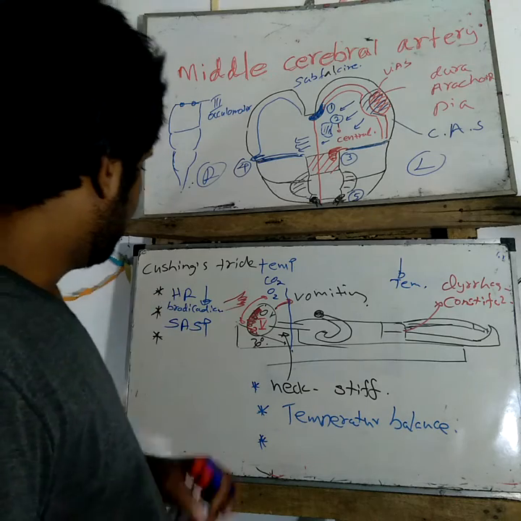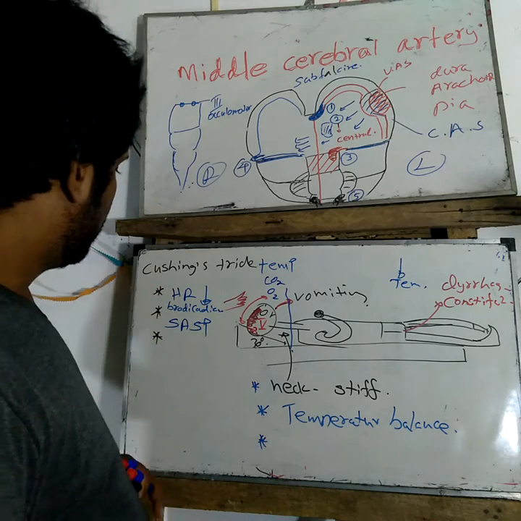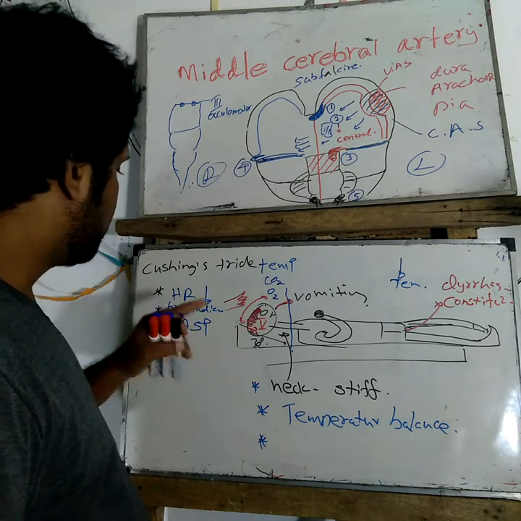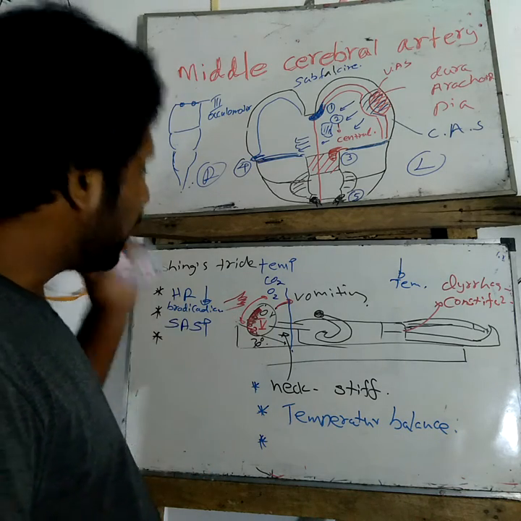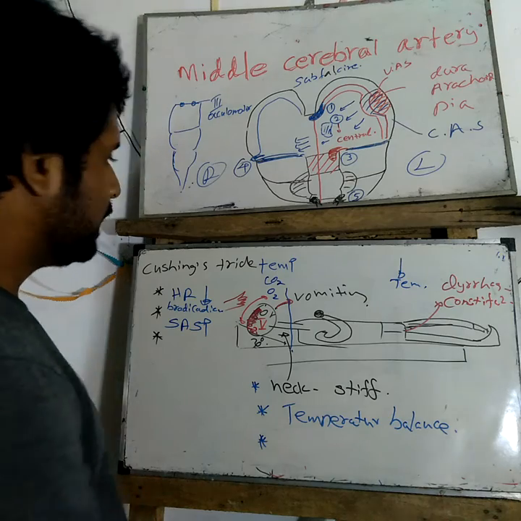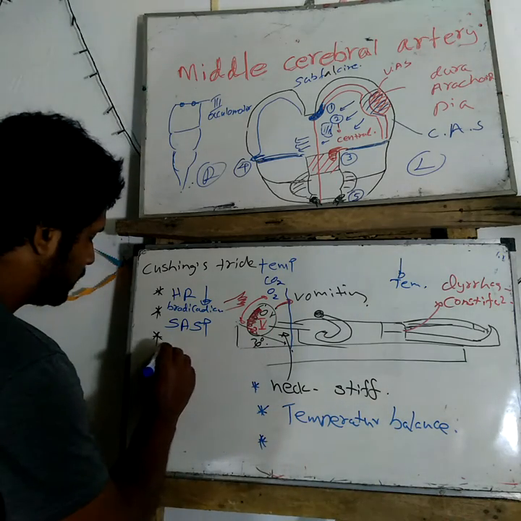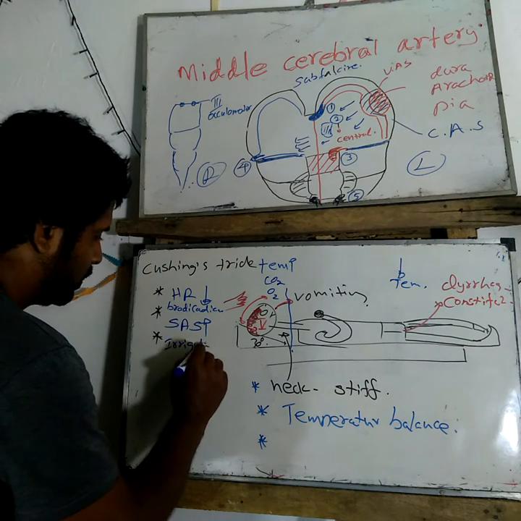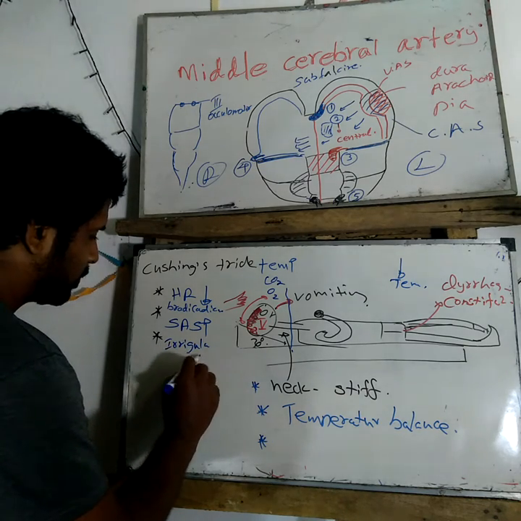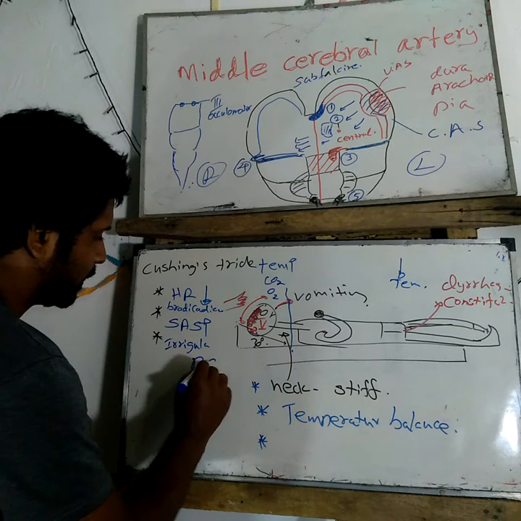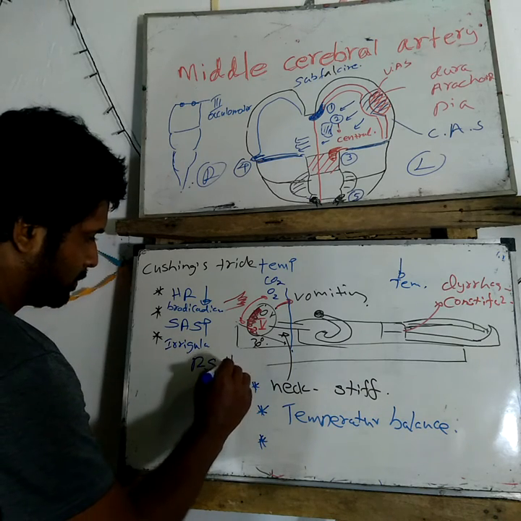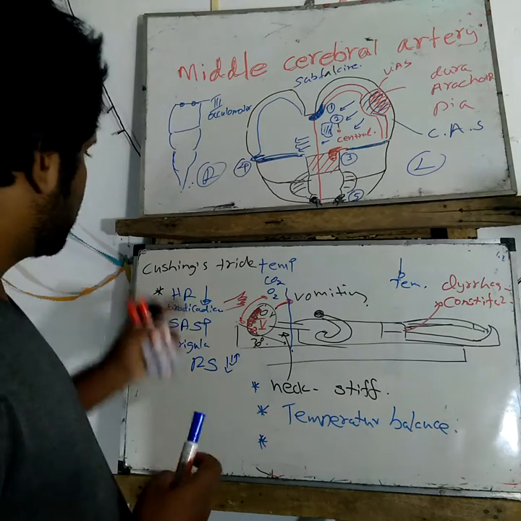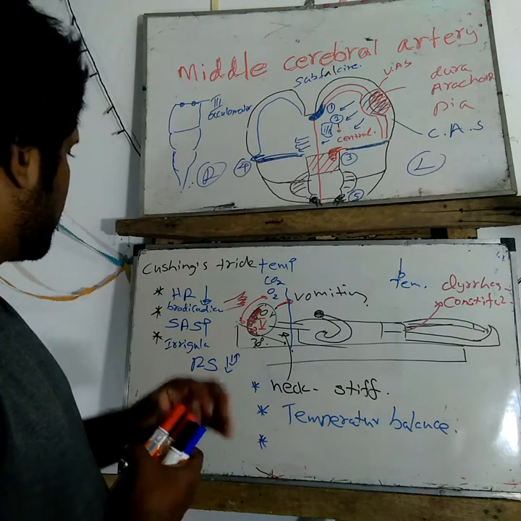The Cushing's triad is: the heart rate low, the systolic arterial pressure high, and irregular respiratory system activity. This is the Cushing's triad method.